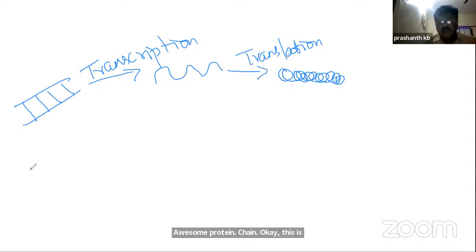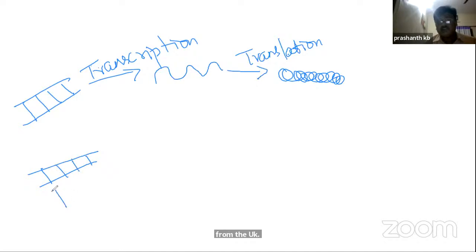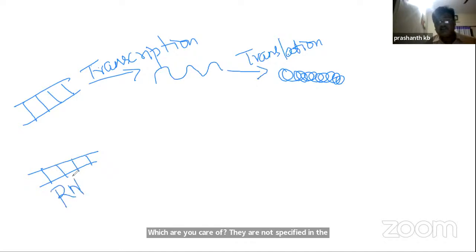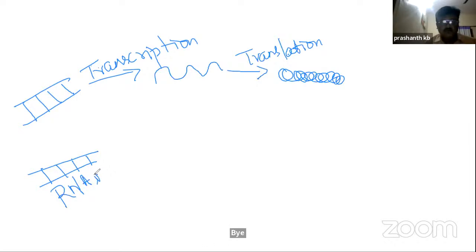Now, in RNAi DNA, imagine I have taken it from the eukaryote. Which eukaryote? They are not specified in the textbook. Imagine this is the RNAi.